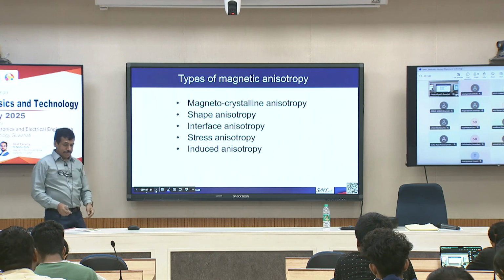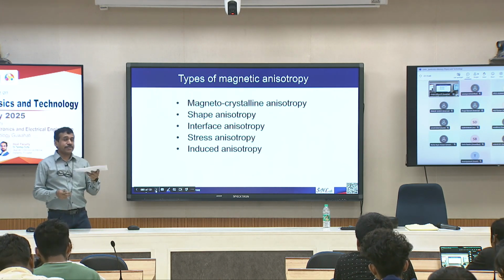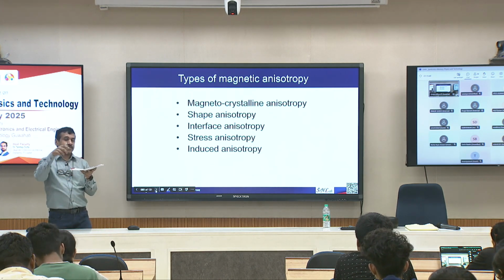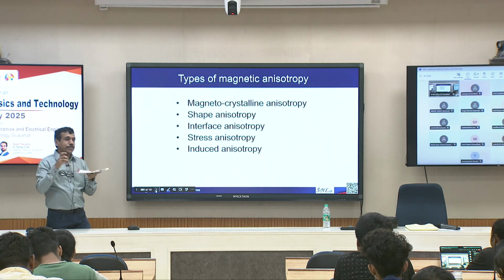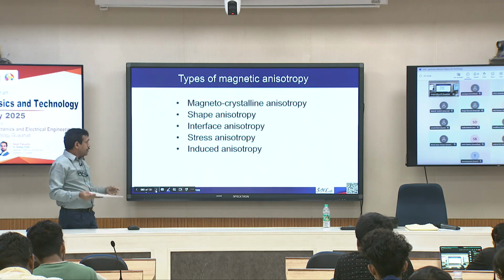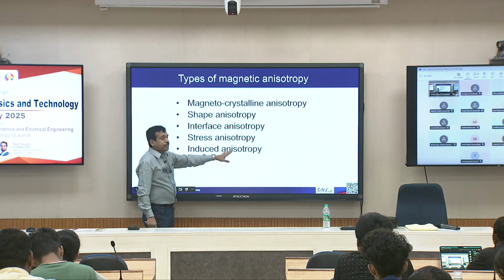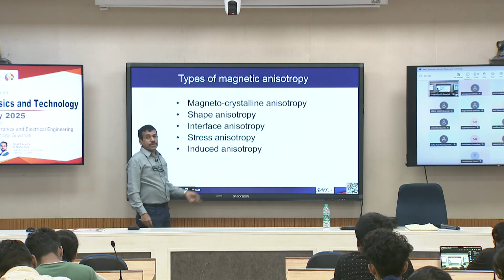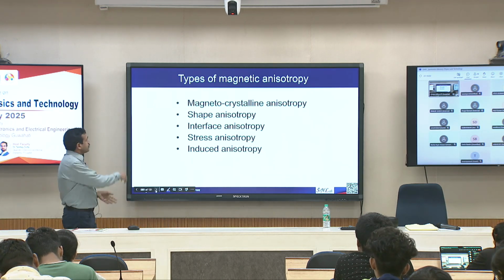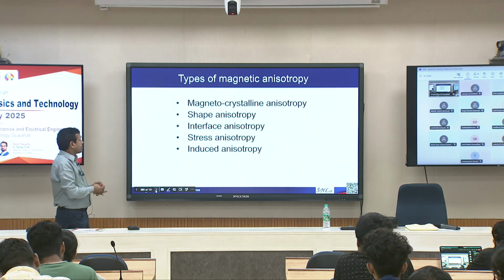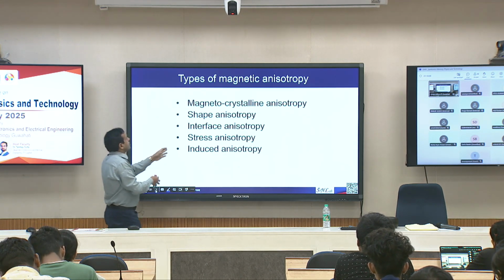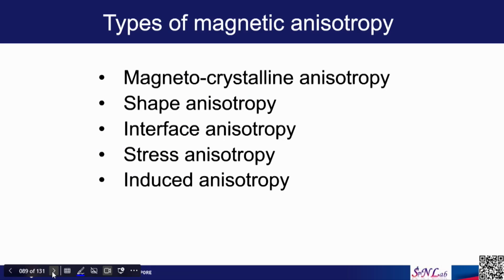And sometimes, let us say you deposit a magnetic film. During the magnetic film deposition, you apply a certain magnetic field, and the magnetic field can induce certain anisotropy in the film. So, that is called induced anisotropy. Okay. So, there are various types of anisotropy. The origin for magnetic anisotropy can be coming from various factors.